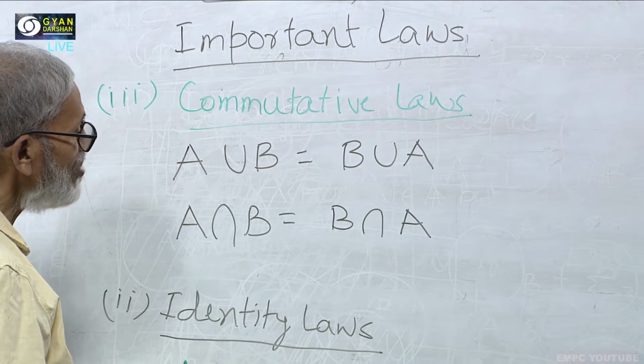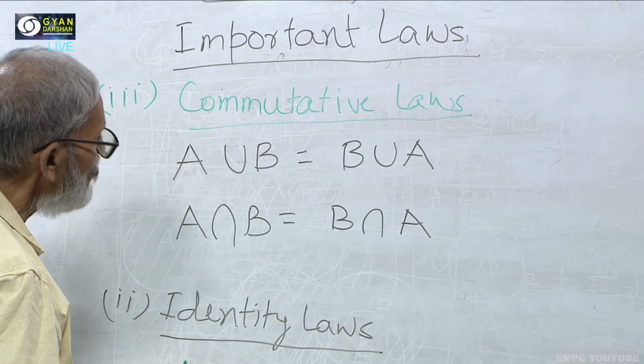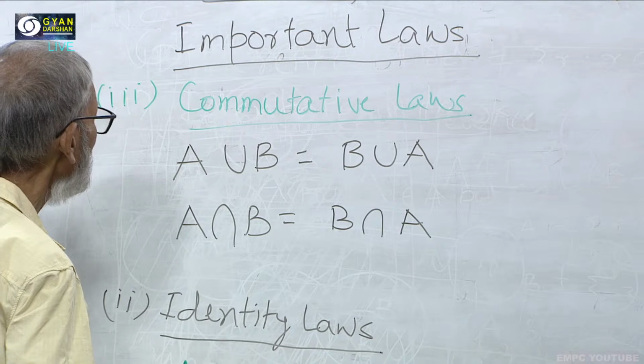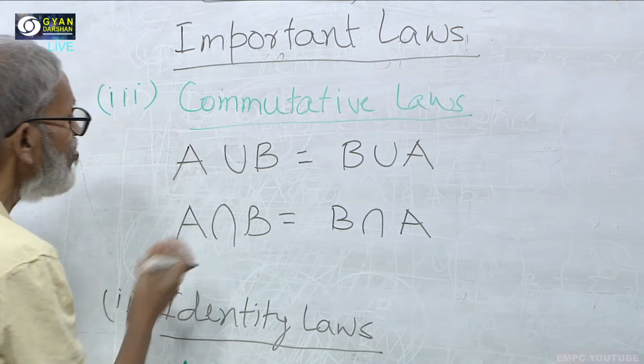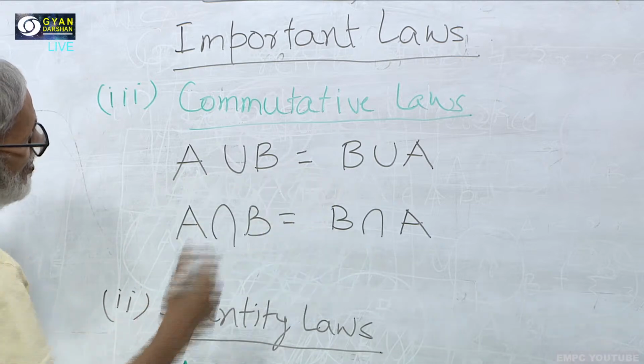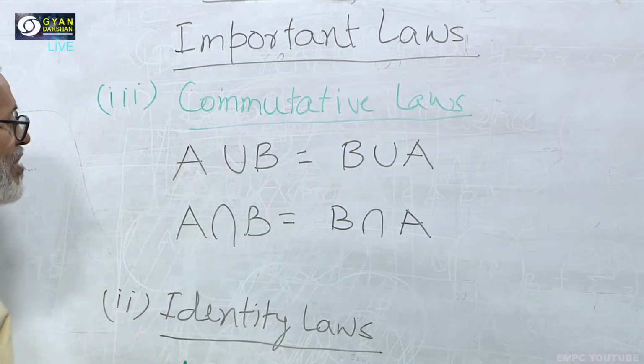This may not be true, say in algebra A minus B is not equal to B minus A, so their commutative law does not hold, but here A union B is equal to B union A and A intersection B is equal to B intersection A. We can verify it, it is not difficult.